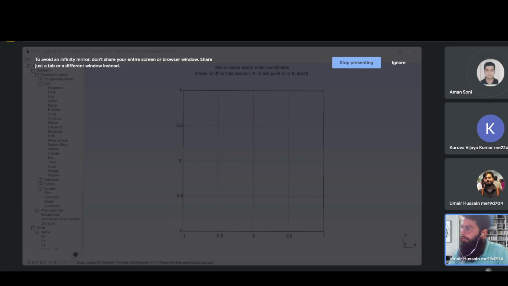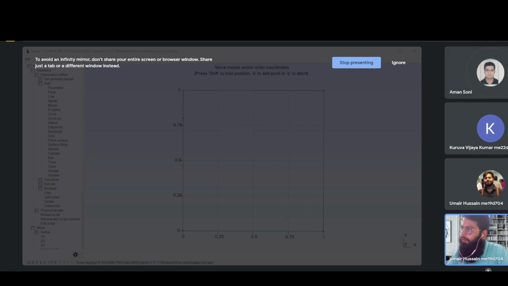I'll define first this point as point one, then this point also, and again this point here. Go ahead: 0 0, 1 0, 1 1. 0 1 should be here, right?